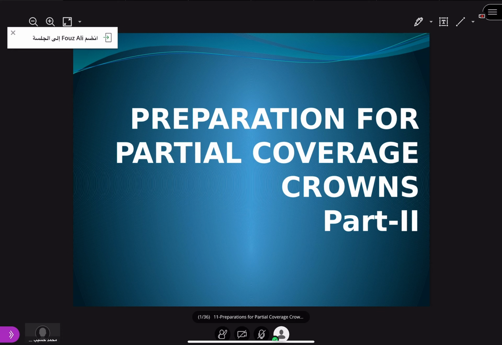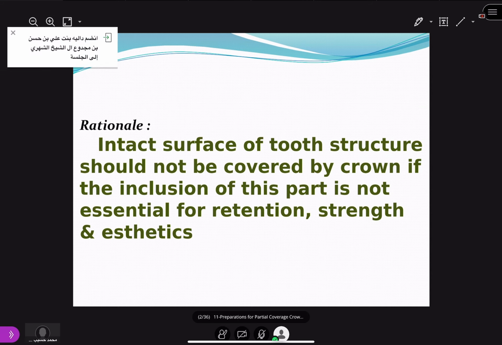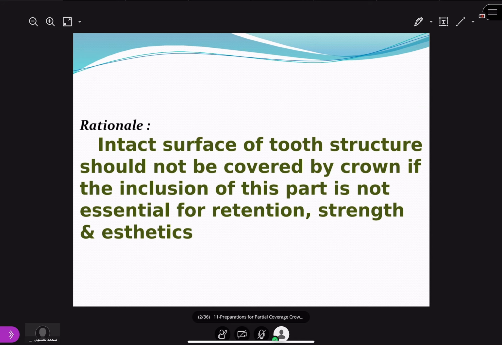So, first of all, what is the rationale for the partial coverage crown? The rationale is that intact surfaces of the tooth structure should not be covered by the crown if the inclusion of this part is not essential for retention, strength, and aesthetics. So if the labial or the buccal surface of the tooth is intact, we will not include that surface in the partial coverage crown, and mostly we will not include the buccal or the labial surface.